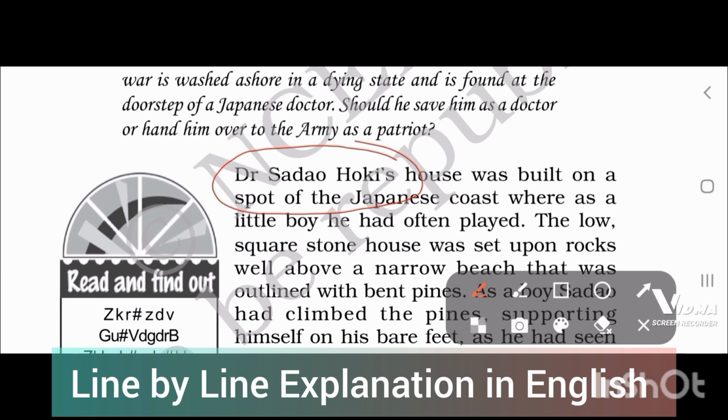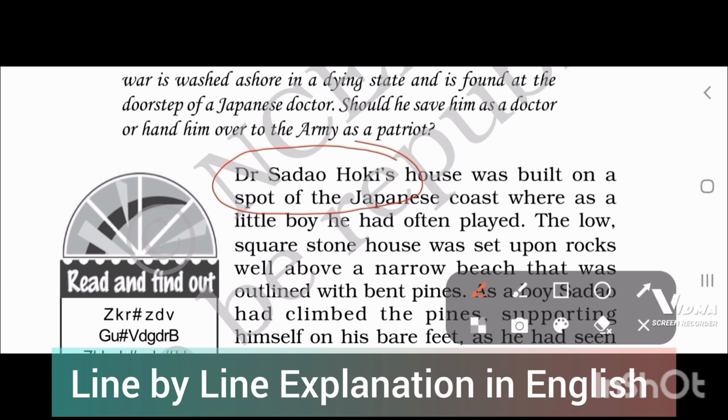Then the next important character is the general, a selfish one. The servants are also there. The late father of Dr. Sadao is also mentioned by the writer, and the kids of Dr. Sadao and Hana. So these are the important characters of this story. I hope that is clear. So let's start the line by line explanation.